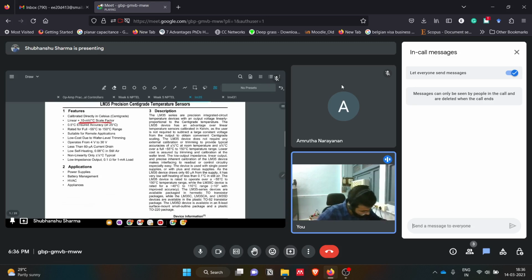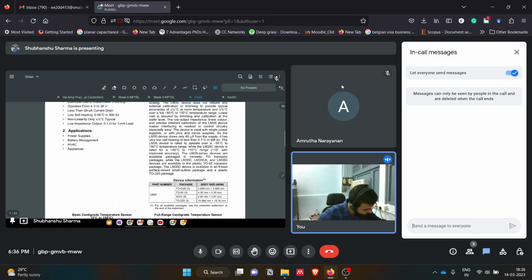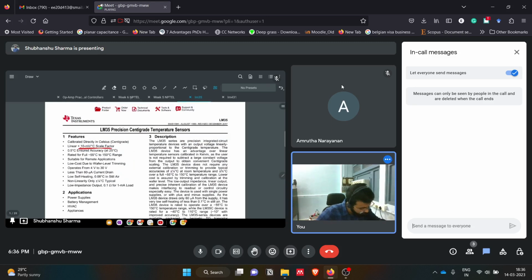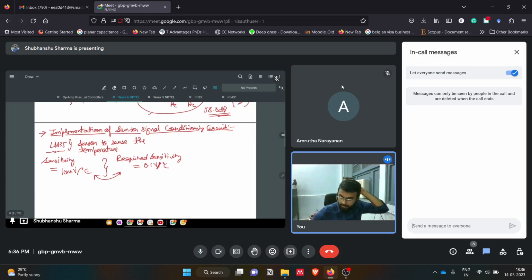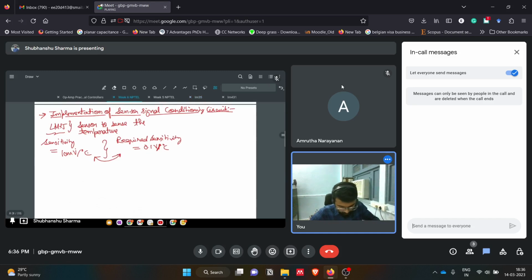Based on this requirement, we will require a signal conditioning circuit. How can we use that? We will have a sensor. We can denote this as the sensor output, whatever we got at this terminal.